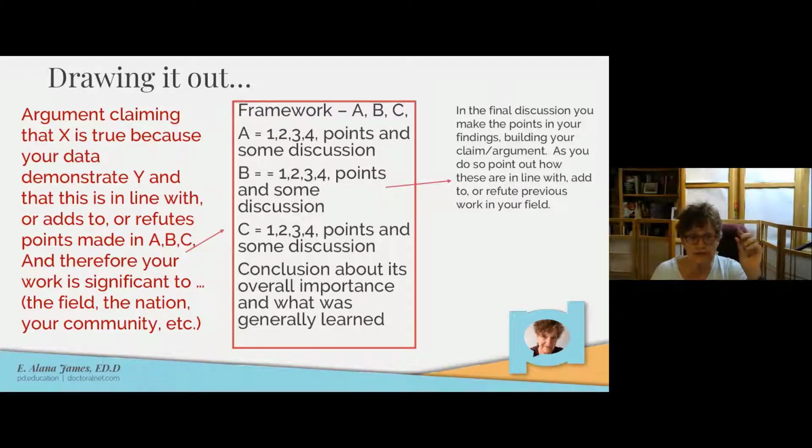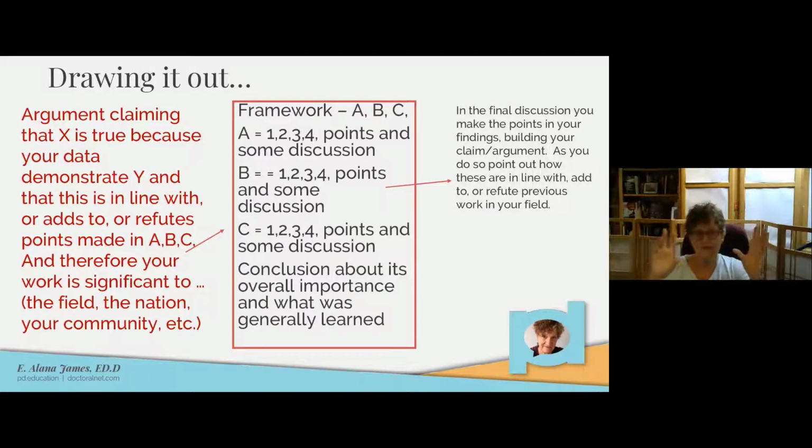Three possibilities. It can be a mixture. Sometimes you have data that adds to this, refutes that. Okay, so then you need to have the lit review back up the adds to, refutes part. So you need to have discussed it.